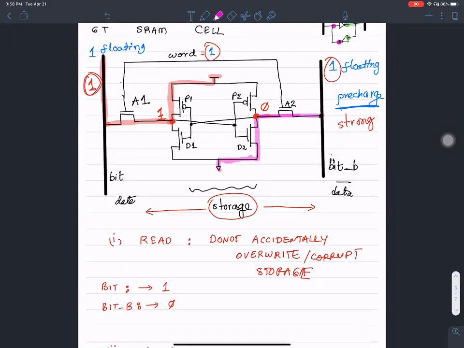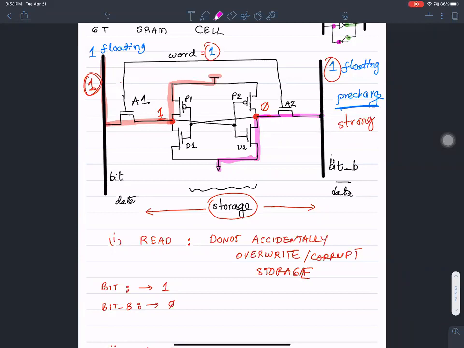The way to make sure of this is by having relative sizes of D2 and A2, and I will talk about how to size them properly. So the discharge path must be stronger: D2 is stronger than the access transistor A2.